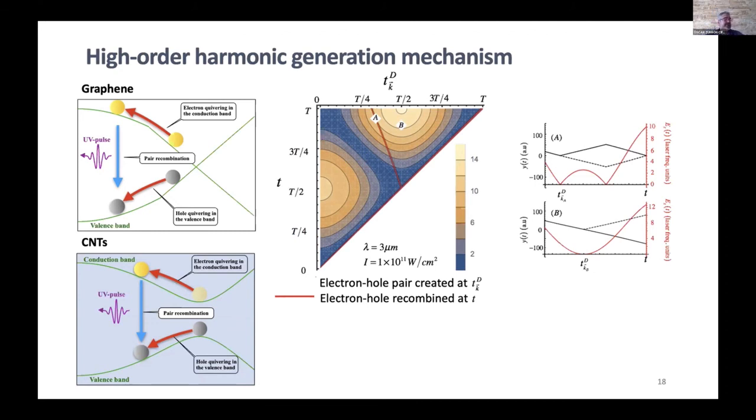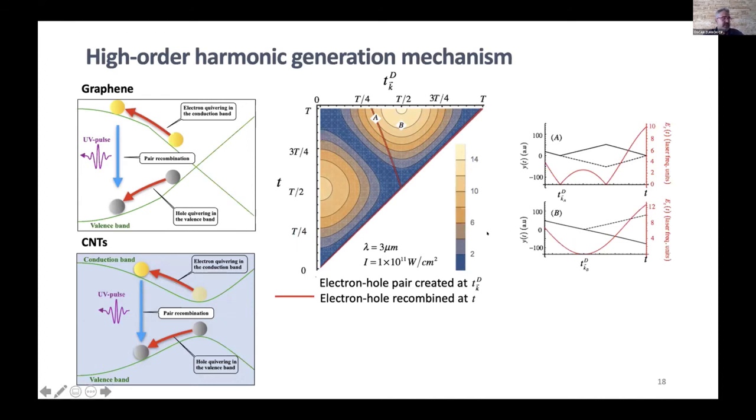To illustrate this idea, we can use the figures on the right side of the slides, which show two complementary cases. The black lines here and here represent the trajectories of the electron and the hole during the excursion.